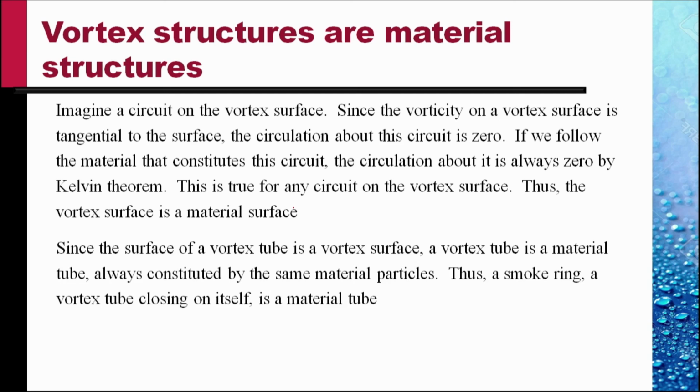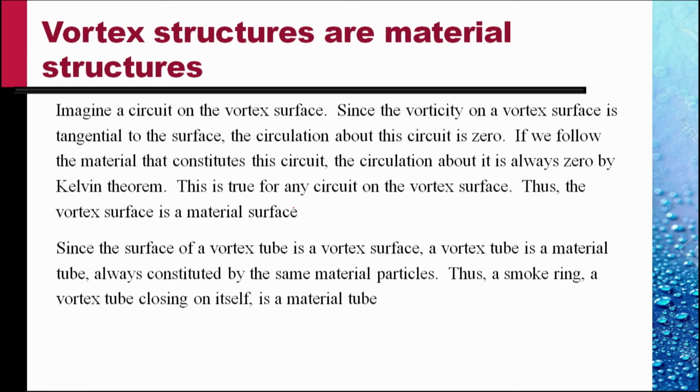Since the surface of a vortex tube is a vortex surface, a vortex tube is a material tube, always constituted by the same material particles. Thus, a smoke ring, a vortex tube closing on itself, is a material tube.